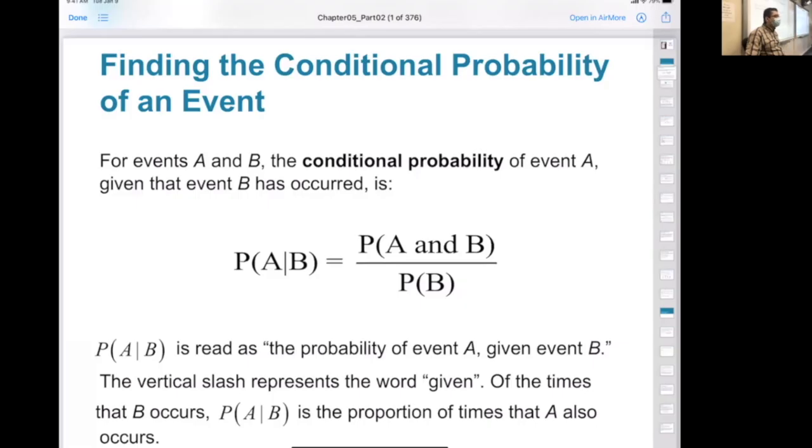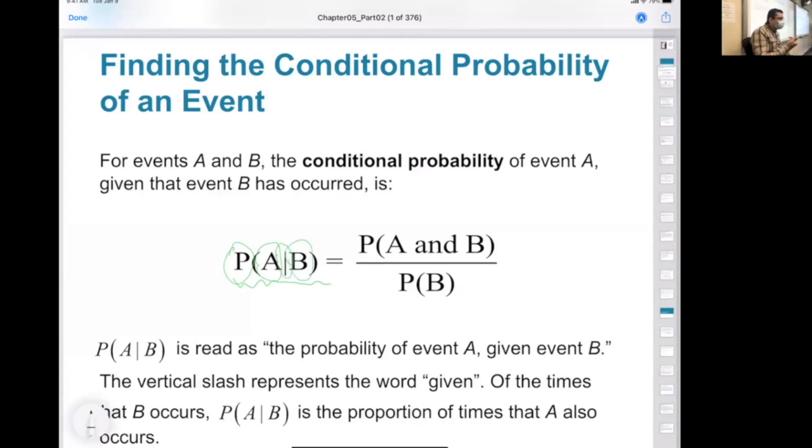First, we write it like this. So the probability of A, and then vertical slash B. Vertical slash here means given. Okay, so the probability of A given B.